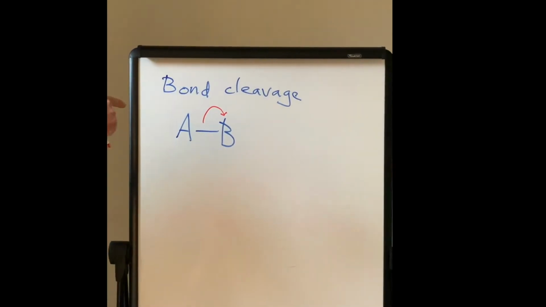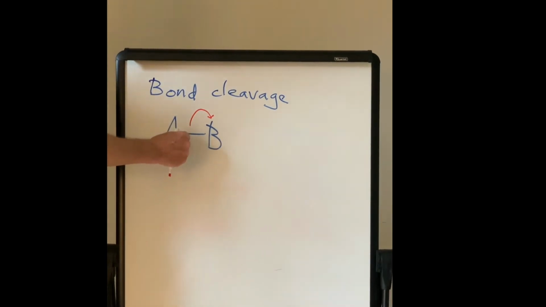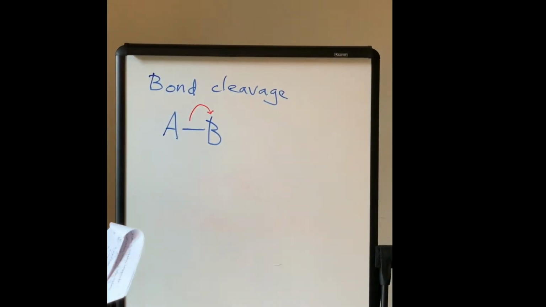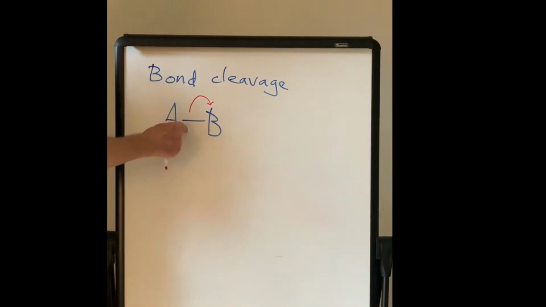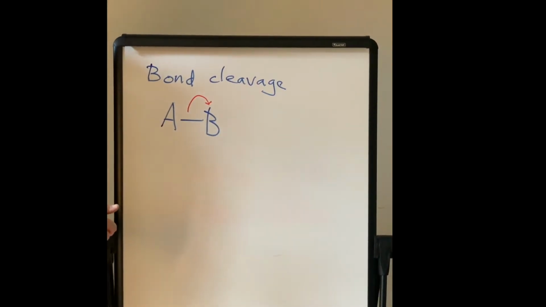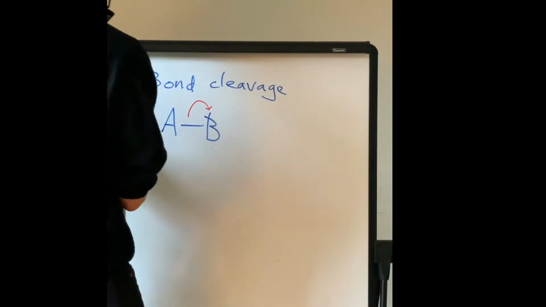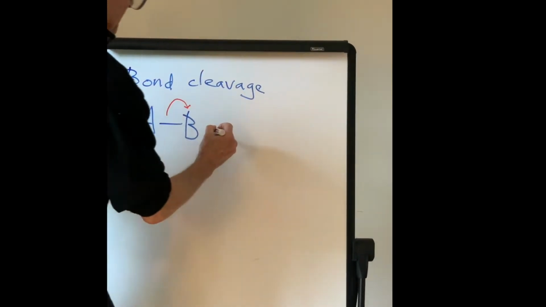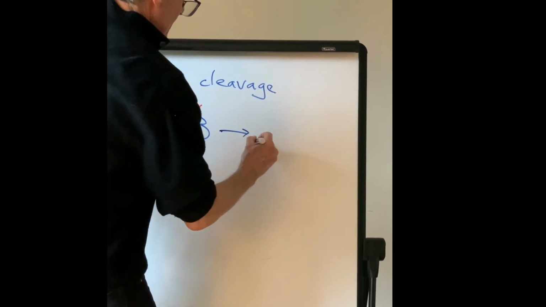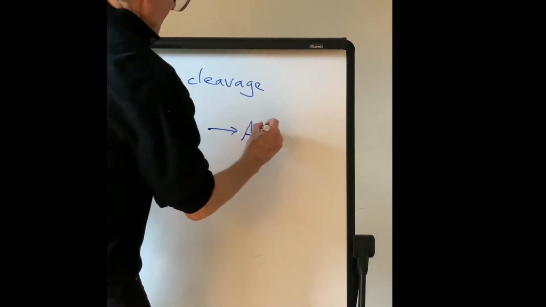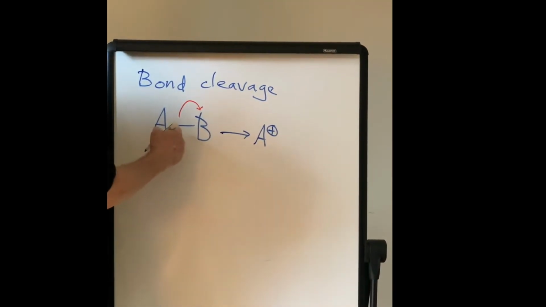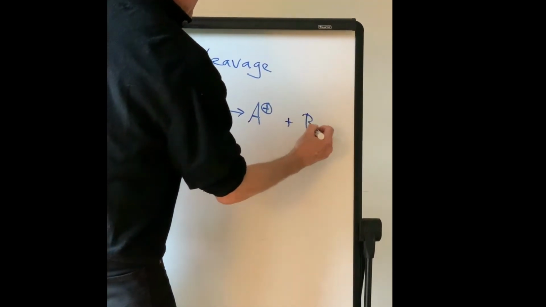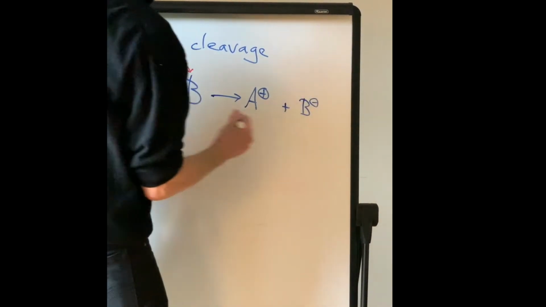What is represented by that red curved arrow is that a pair of electrons which had been held commonly between A and B splits and leaves with B. The product implied by that curved arrow is that A is left missing an electron and B leaves with an electron.